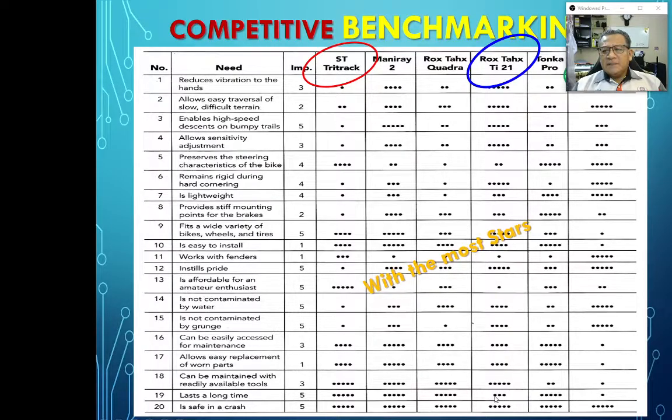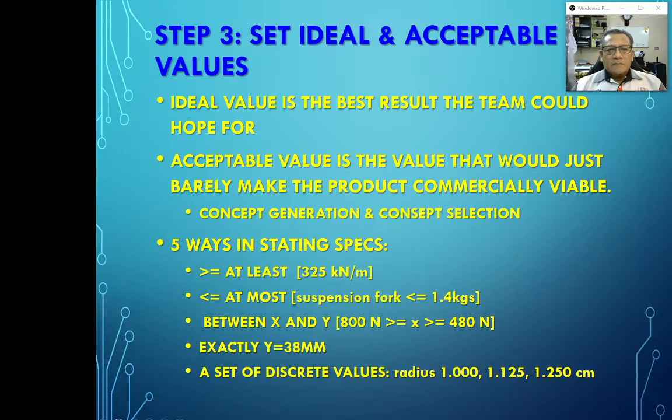For example, Rocktex TI21 has the most number of 5 stars in their specification. Those with the most 5 stars, you could benchmark as the best. Those with the least number of stars, you could benchmark as the lowest spec.